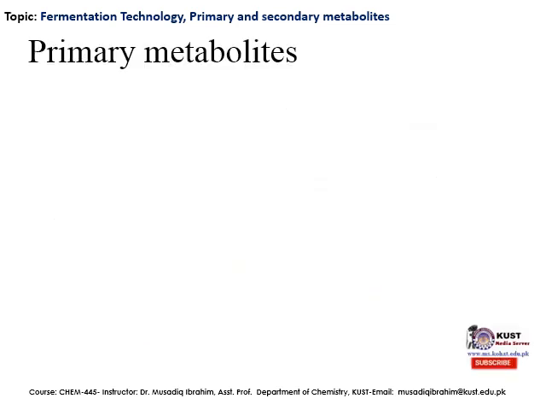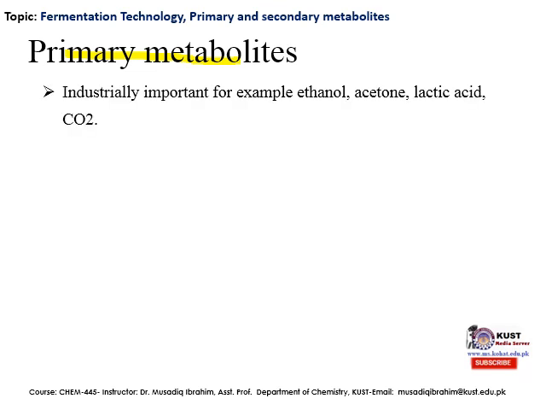Now moving towards the primary metabolites and their importance in the industries. There are certain primary metabolites which are important from the industrial point of view. For example, ethanol, acetone, lactic acid, and carbon dioxide.